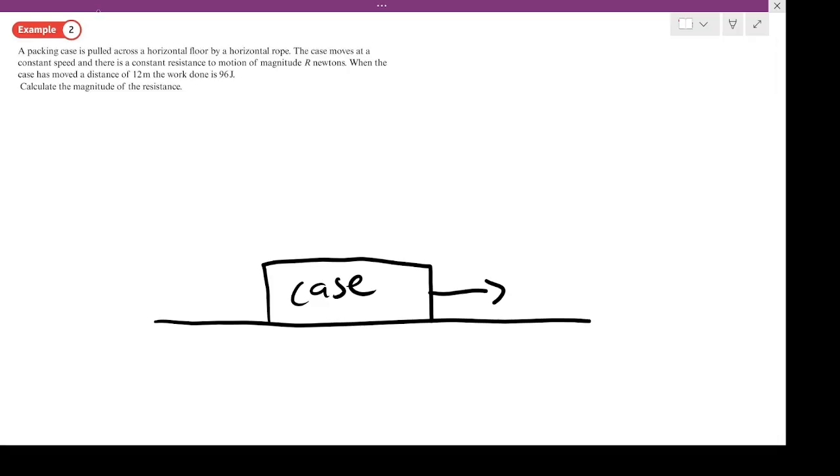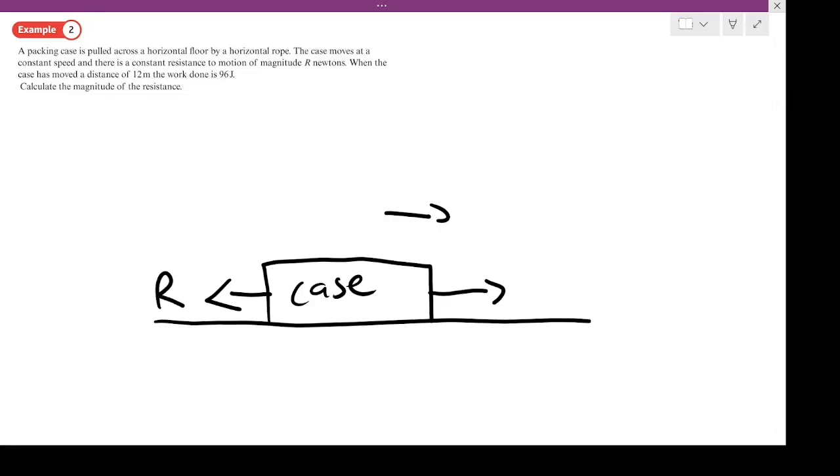What we're told is the case moves at a constant speed and there's a constant resistance to motion. The case is moving forward, so resistance, or sort of friction, is going to go the other way like this. And I'm told that force is R.